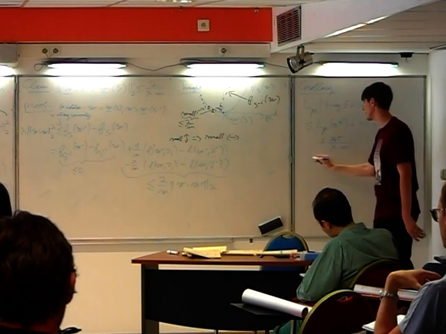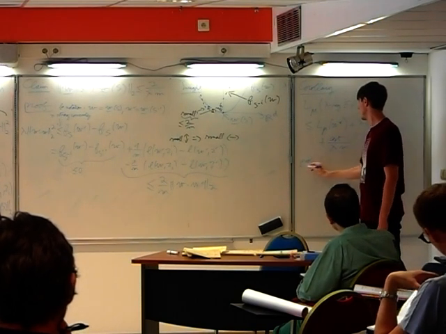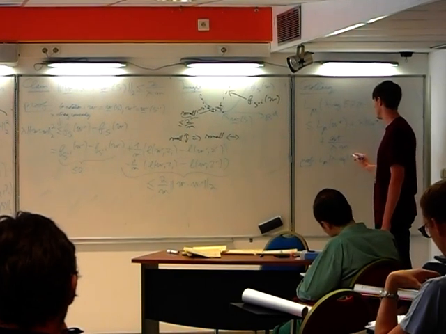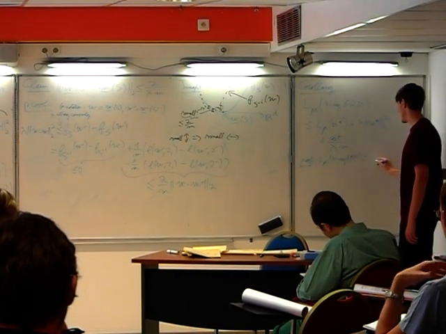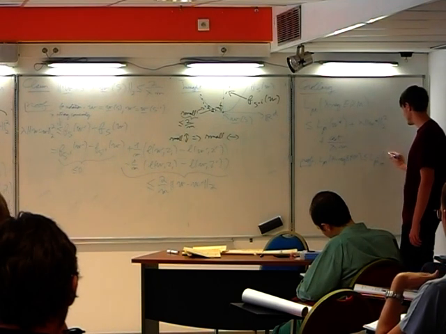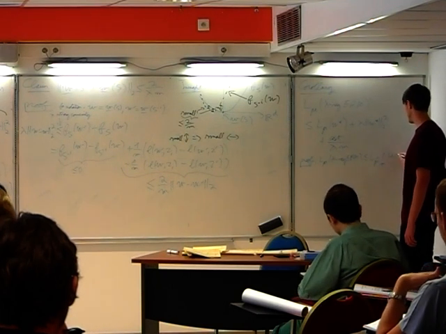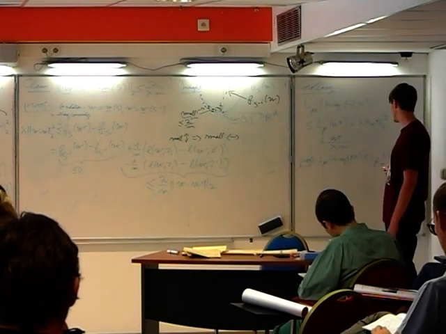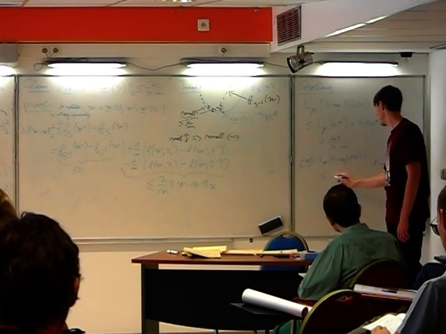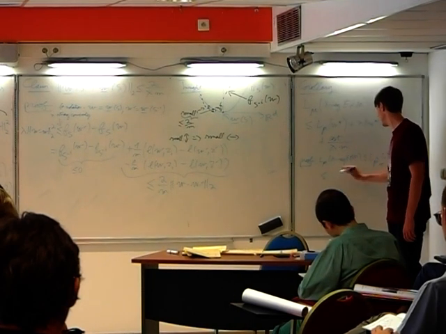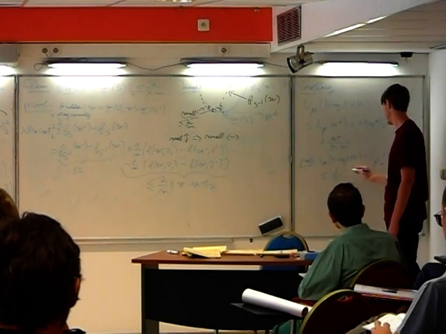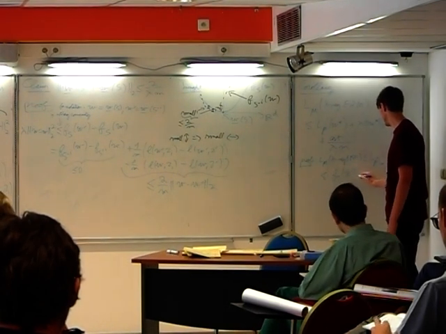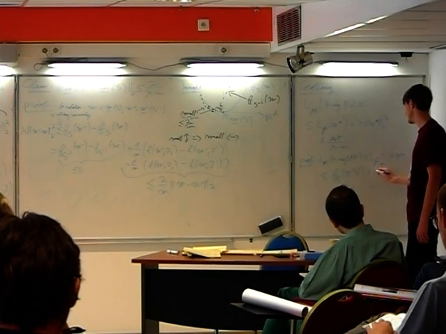So the proof: L mu of the lambda-regularized ERM is bounded by L mu hat of the same thing, plus the generalization, which is bounded by L mu hat, let's say Fs, of W bar S, plus the generalization.